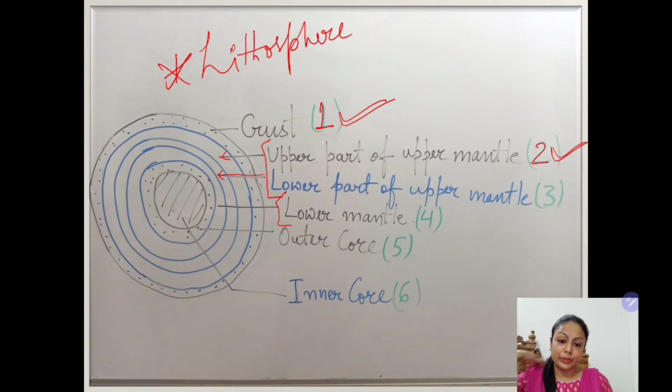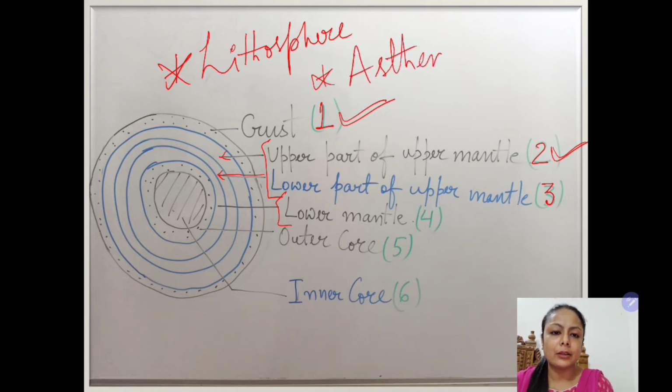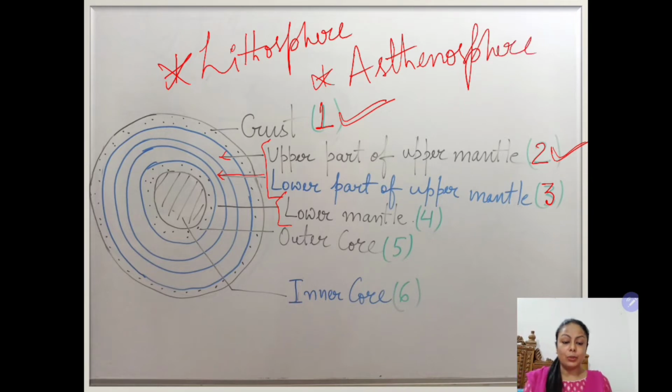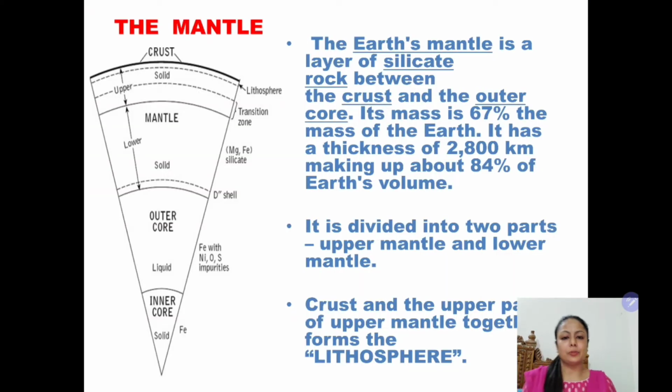And the point number 3, the third portion, that is lower part of upper mantle, this forms the asthenosphere. Children, don't worry, we'll learn more about asthenosphere. So just remember, crust and the upper part of upper mantle forms the lithosphere and the lower part of upper mantle forms the asthenosphere. Let's proceed.